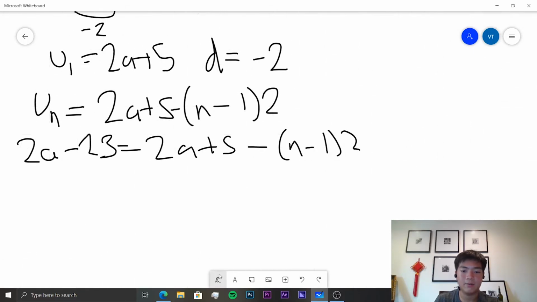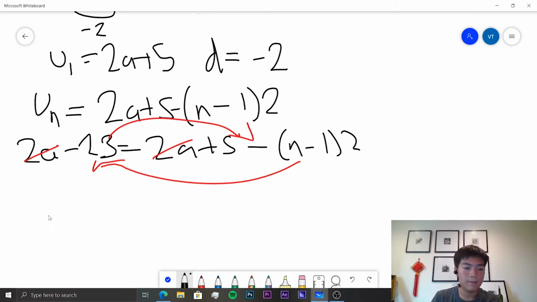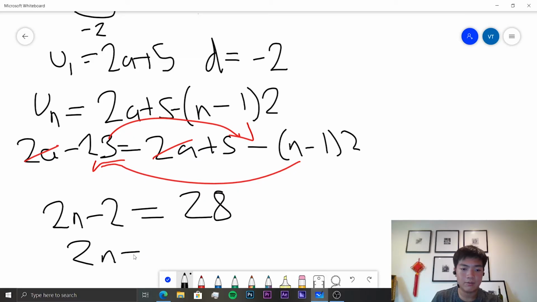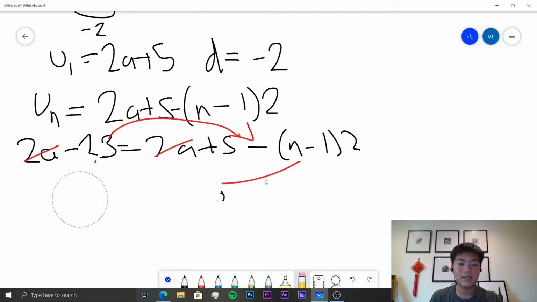Immediately here we can just cancel out the 2a's on both sides, and bring this over to this side and this over to this side. So we have 2n minus 2 is equal to 5 plus 23, which is equal to 28. So 2n is equal to 30, n is equal to 15. And so this is the answer. There are 15 terms in this sequence. Okay, let's move on to the next problem.